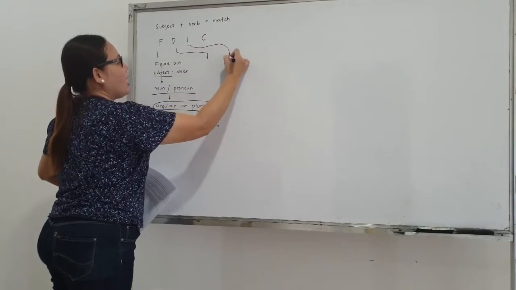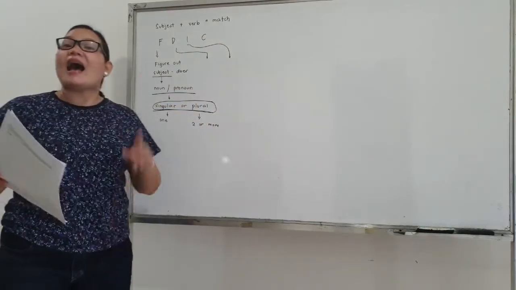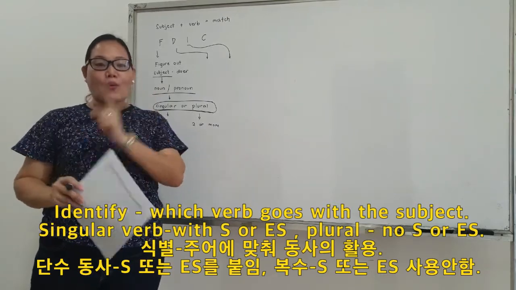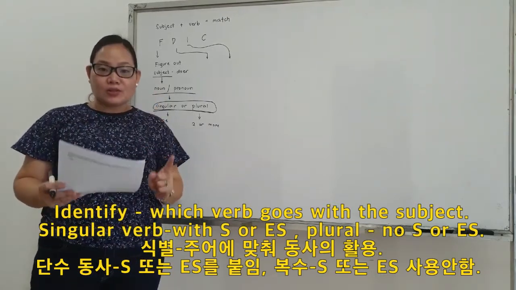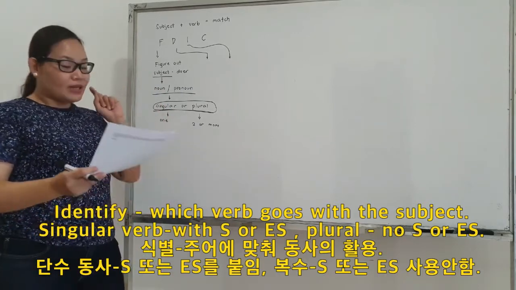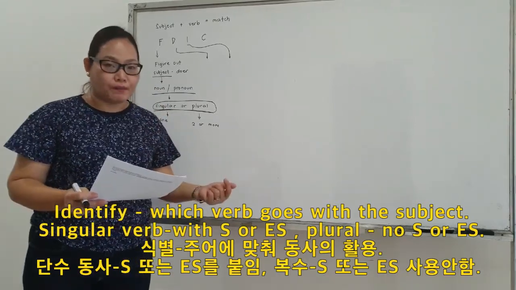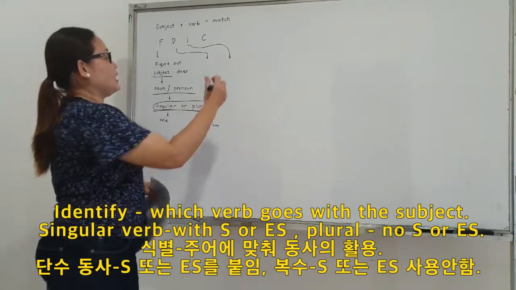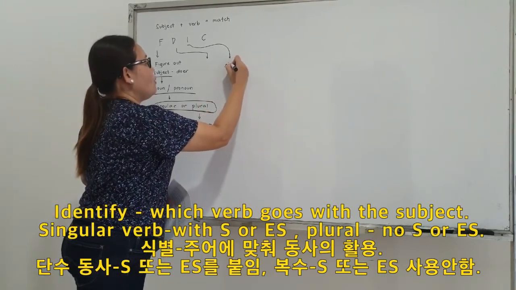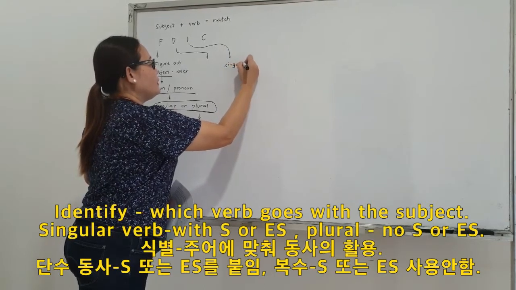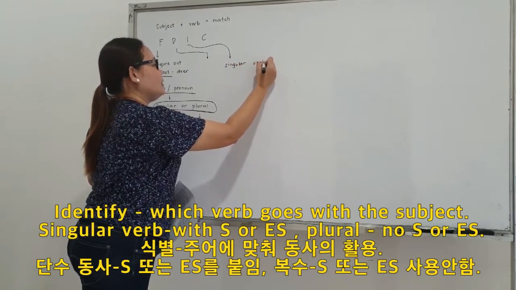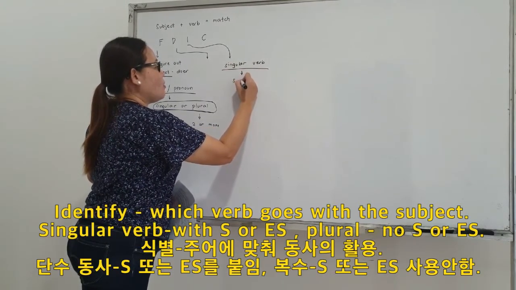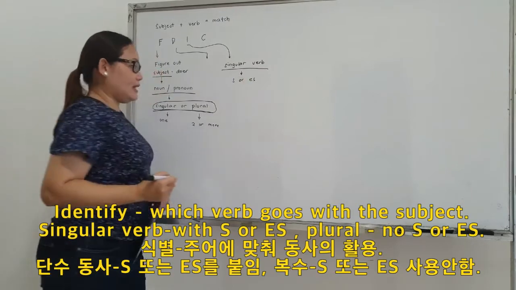Okay, so for your I, identify. Yes, you have to identify whether your subject is again singular or plural. So if it is singular, it will now need a singular verb. Okay, so for singular verb, as a review again, this goes with an S or es.